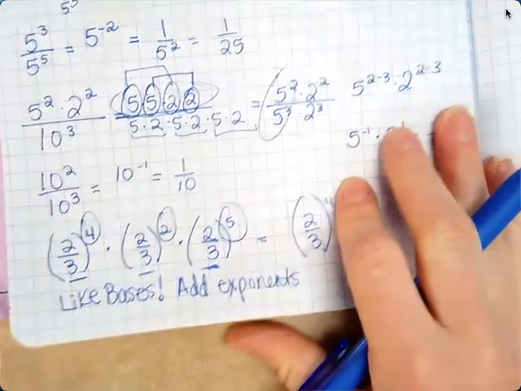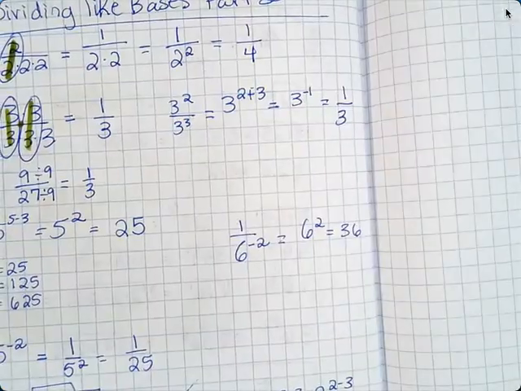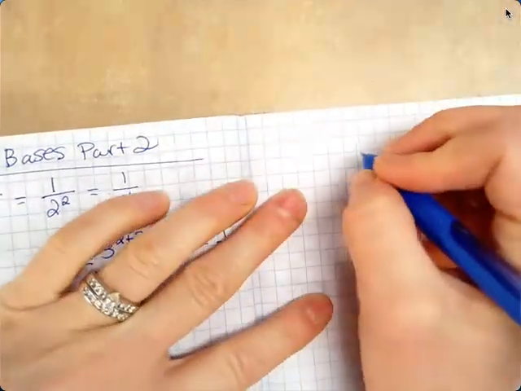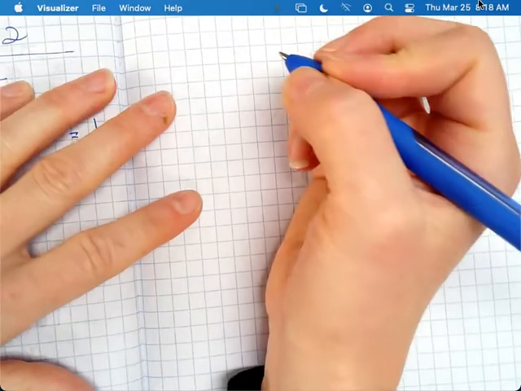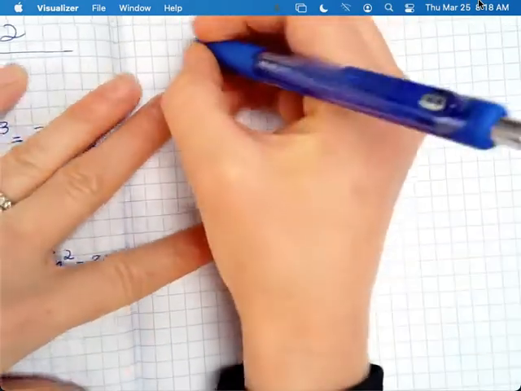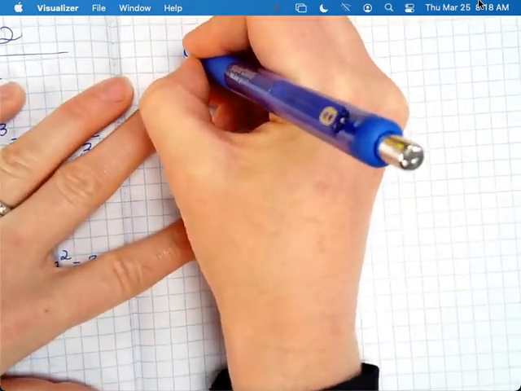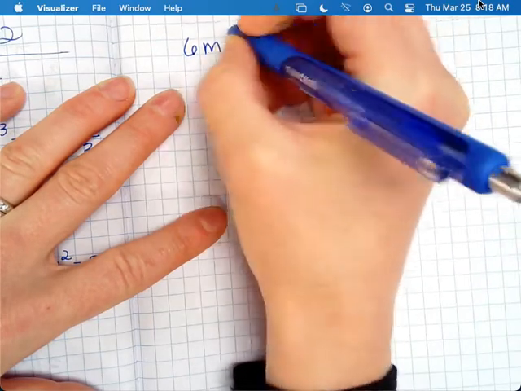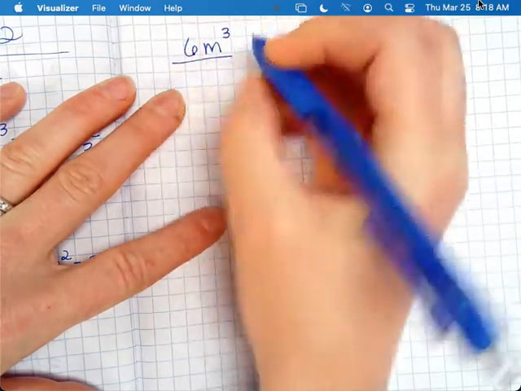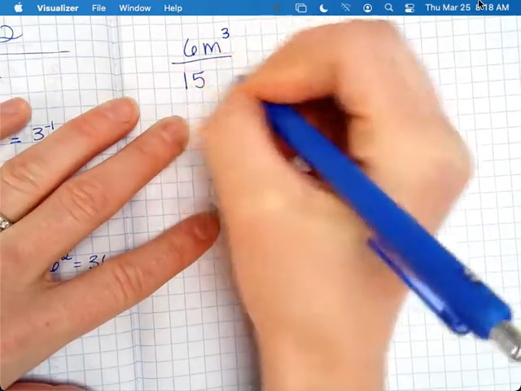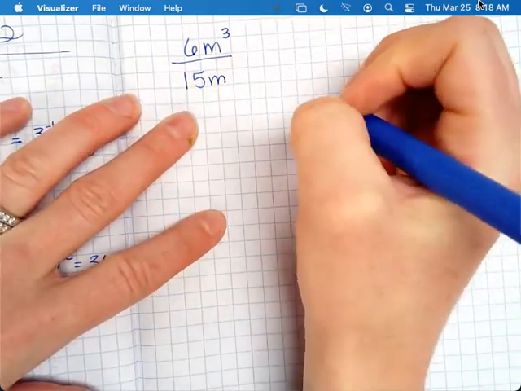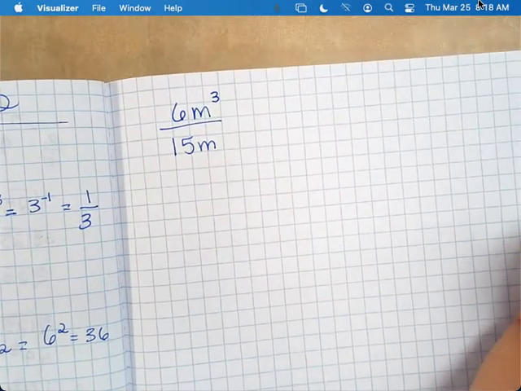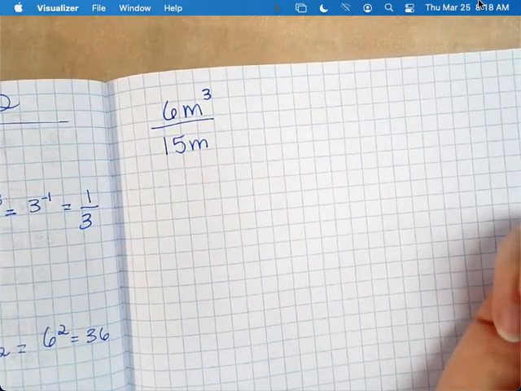All right, I think that's all. No, we'll do another one, and then we'll kind of write the rule. If I have 6m to the 3rd power over 15m, let's simplify that.